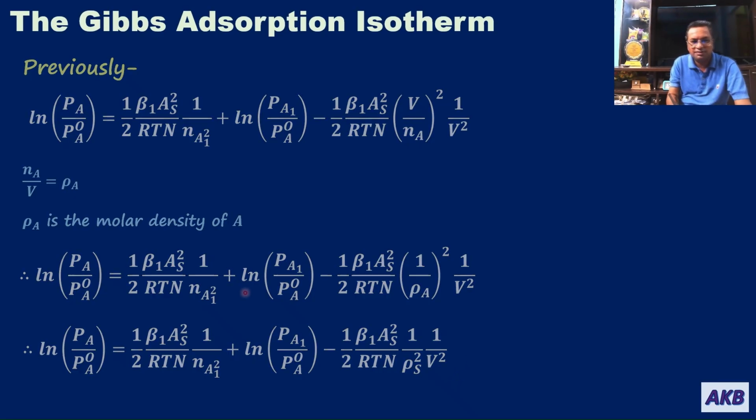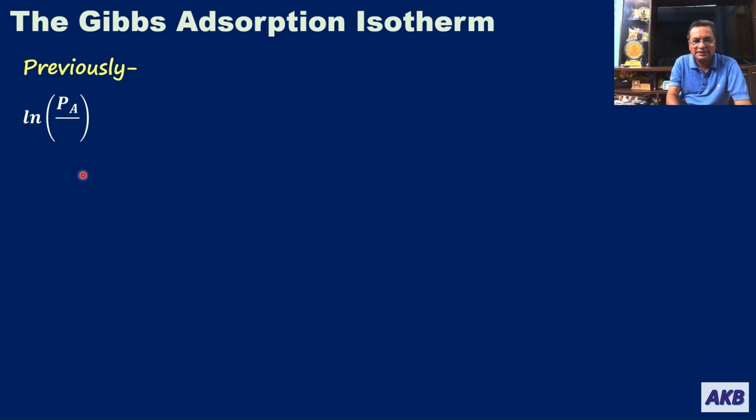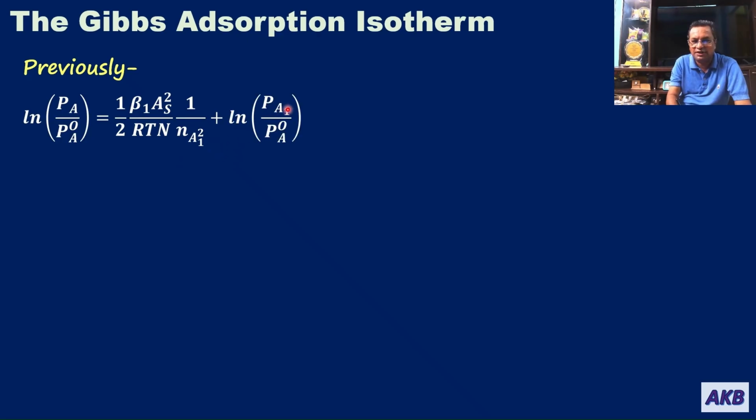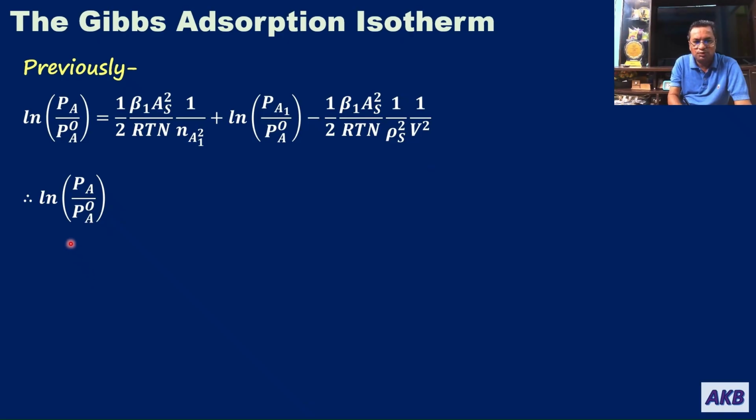Let us continue with this equation. So previously we got ln of Pa upon Pa naught is equal to 1 by 2 beta 1 A square upon RTN 1 upon Na1 square plus ln of Pa1 upon Pa naught minus 1 by 2 beta 1 A square upon RTN into 1 upon rho A square into 1 by V square. I will write it in this form now: ln of Pa upon Pa naught is equal to L minus M upon V square, and this is equation 8.